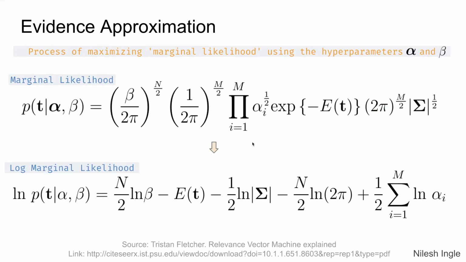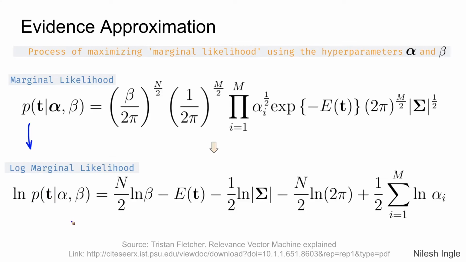Now the final objective function that we get, which is shown here on this slide, is the marginal likelihood, which is the probability of t given alpha and beta. This function is converted to a log function, which is the log marginal likelihood, as shown here, the log of the probability of t given alpha and beta.